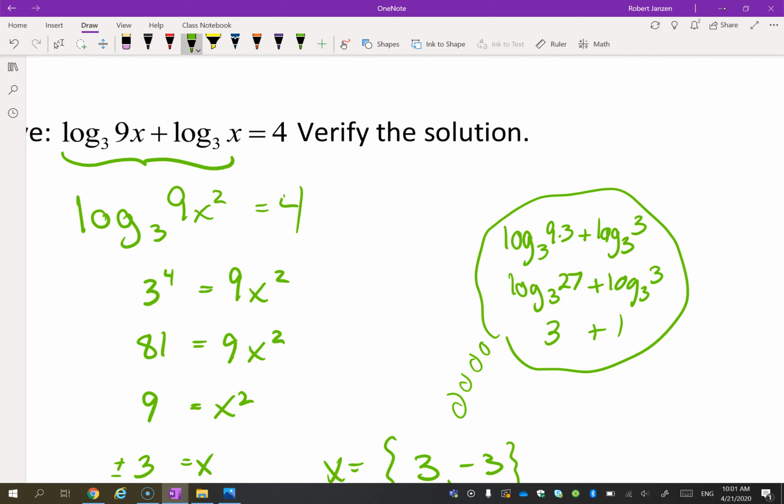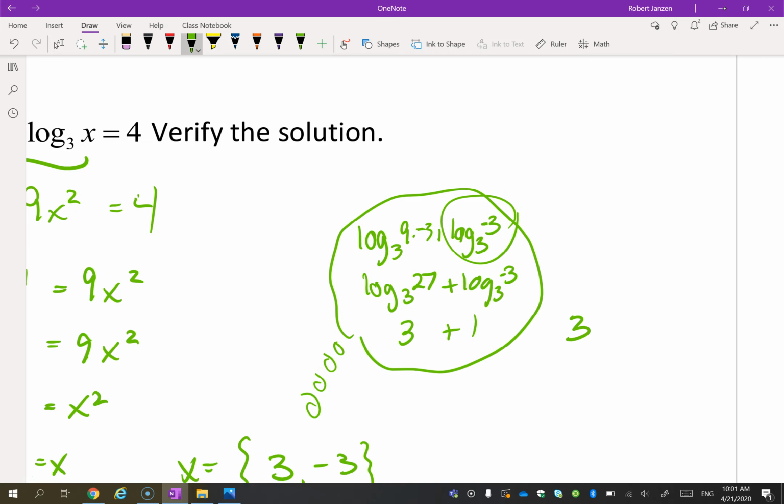But look what happens if I put in the negative 3. Okay, if I put negative 3 here and negative 3 here. In fact, I'm only going to look at this one. Okay, 3 to what power gives you negative 3? Can you do this? Well, you can't. There is no value of x that's ever going to turn a positive number into a negative number.